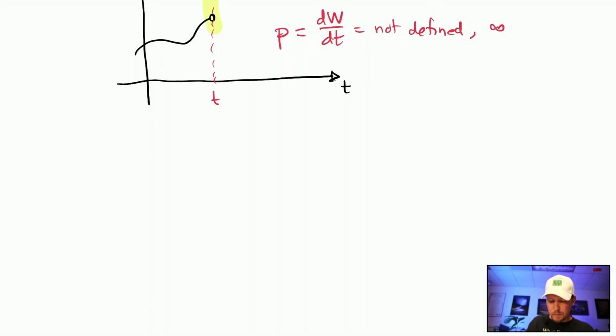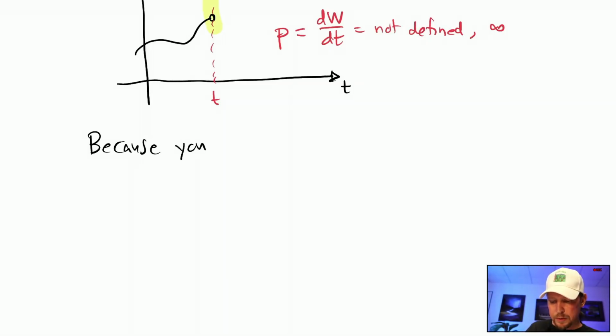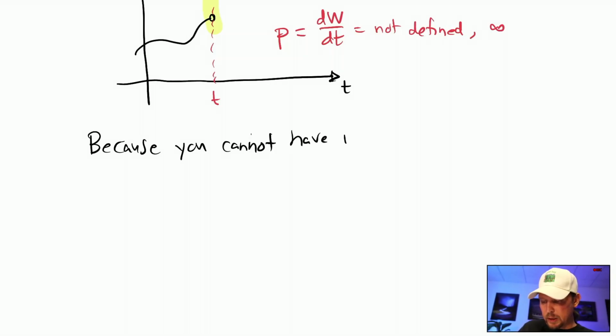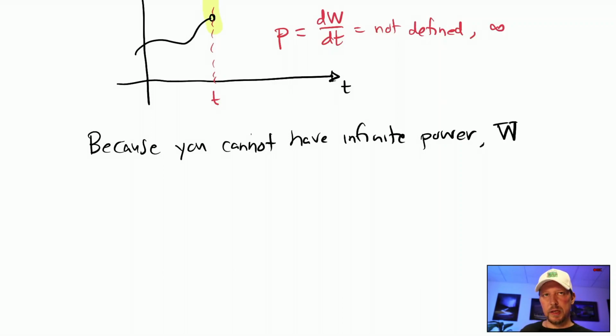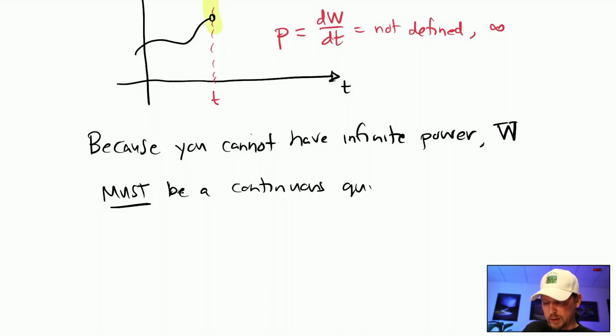So, because of the physical constraints, because you cannot have infinite power, the energy inside of an inductor must be a continuous quantity. And I'm underlining must. So it must be a continuous quantity.